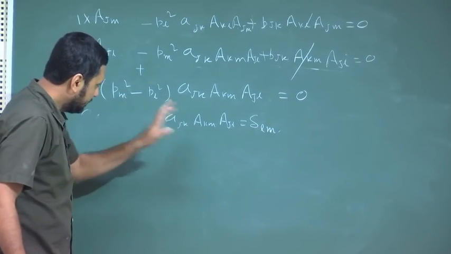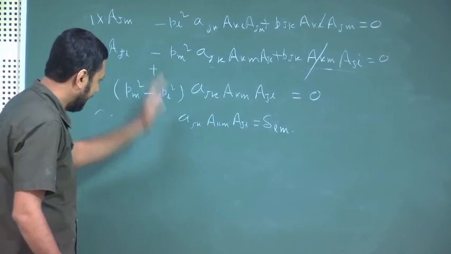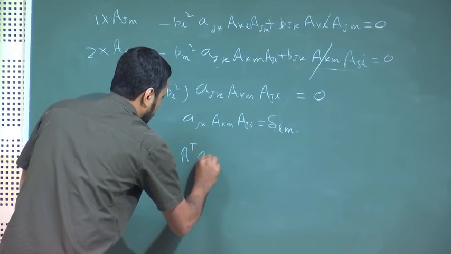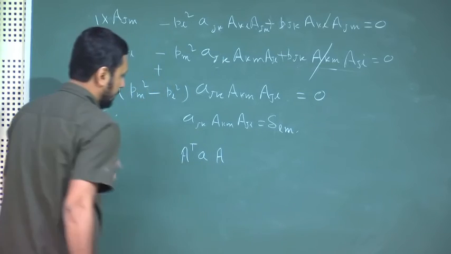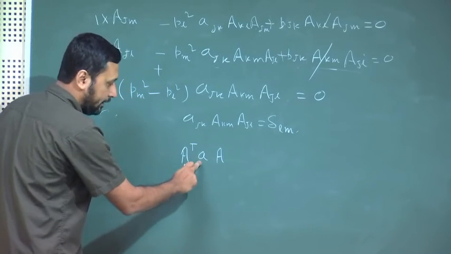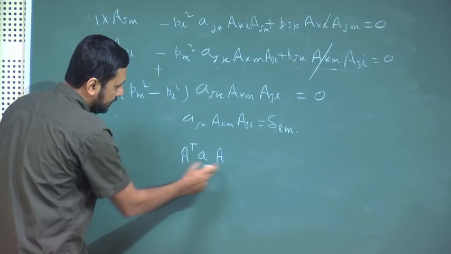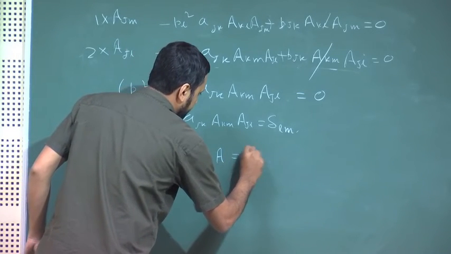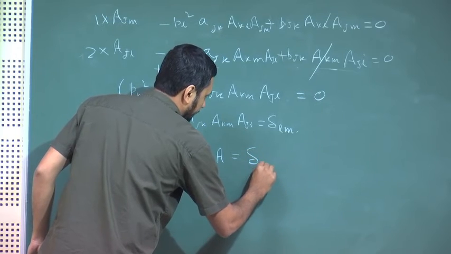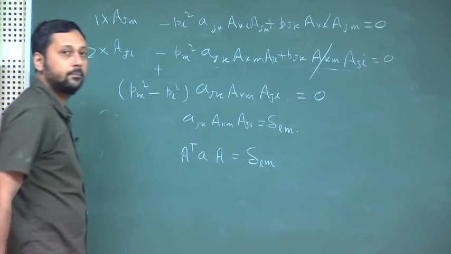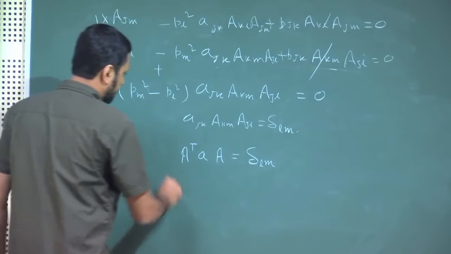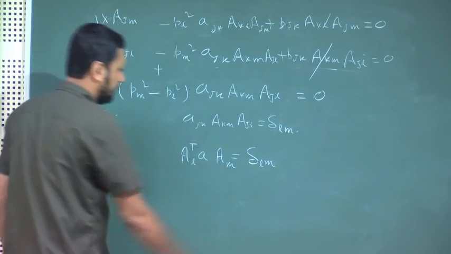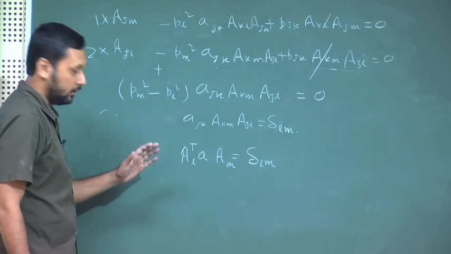And this again in a matrix form is just this operation A transpose A, where small a is the kinetic energy matrix, big A's are the amplitude column matrices, is delta L M.